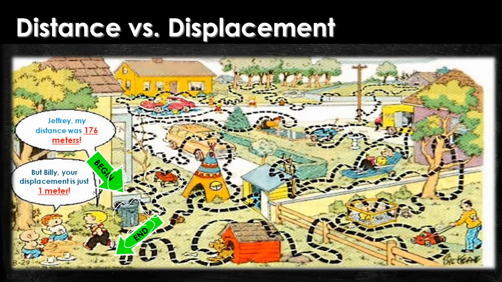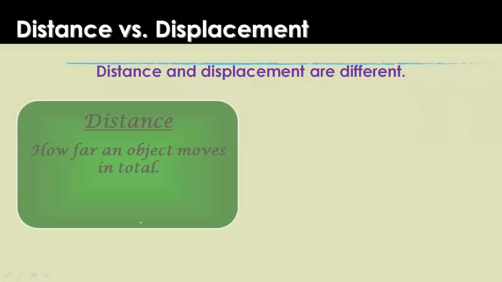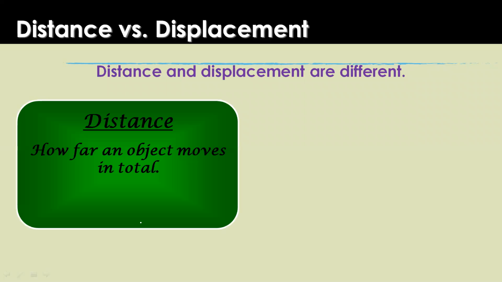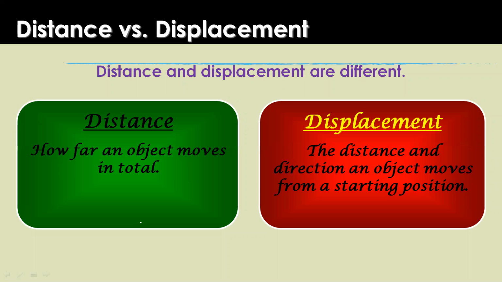So what makes the difference between distance and displacement measurement? Distance is the actual length of the path covered, how far an object moves in total. So the total length of the path covered by the object is called distance. Whereas displacement just gives you a direction from the initial point, how much the object has displaced.